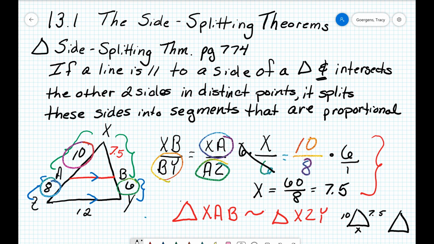If we're looking at it, it is 10 plus 8, so the big one's going to be 18. 7.5 plus 6 is 13.5. And then the bottom is going to be 12. So here we're going to our similitude. What is our ratio or unit rate of what we did to get from this triangle to this triangle?